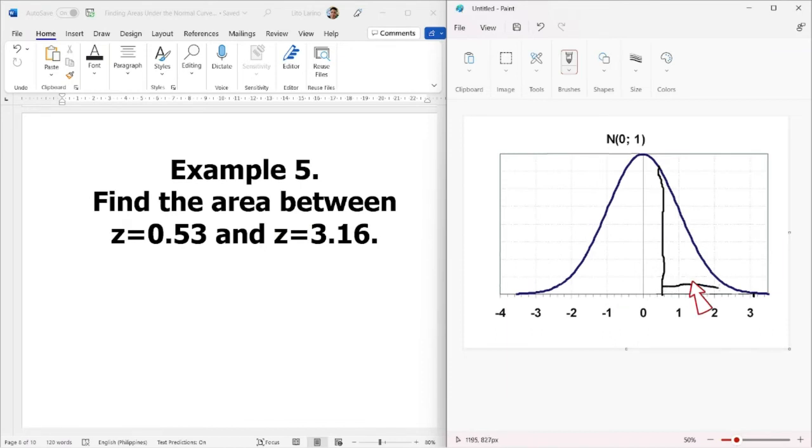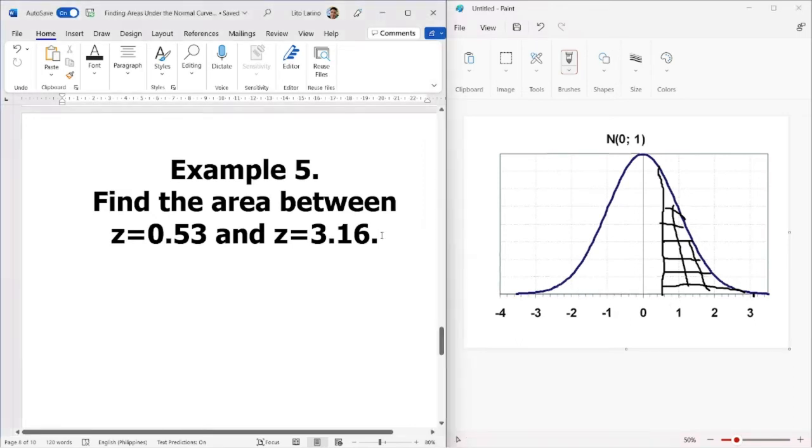We are looking for this area. Now, to do that, we simply subtract the area when the z-score is 3.16 by the area when the z-score is 0.53. Let's do that.